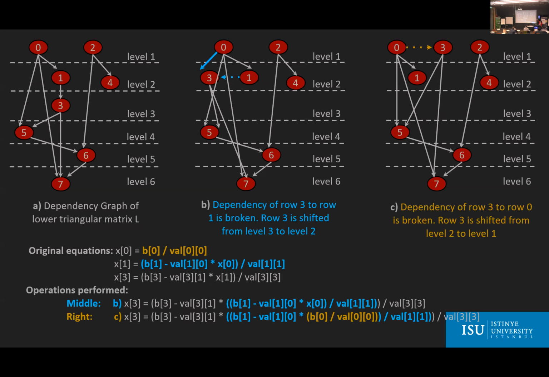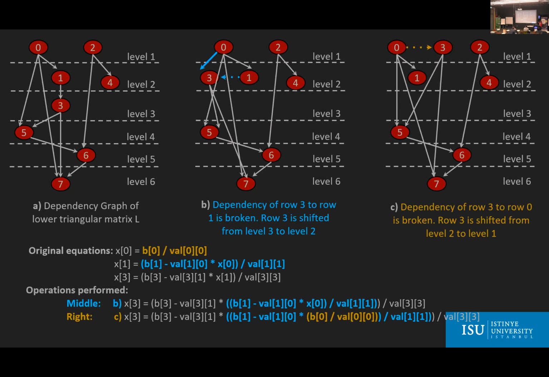But the consecutive levels are computed in a serial manner, and they're separated from each other using synchronization points. In this graph, the nodes are representing the rows, and the edges are representing the dependencies between the computations. For example, to compute row 7, you need to compute rows 0, 3, and 6 prior to that.